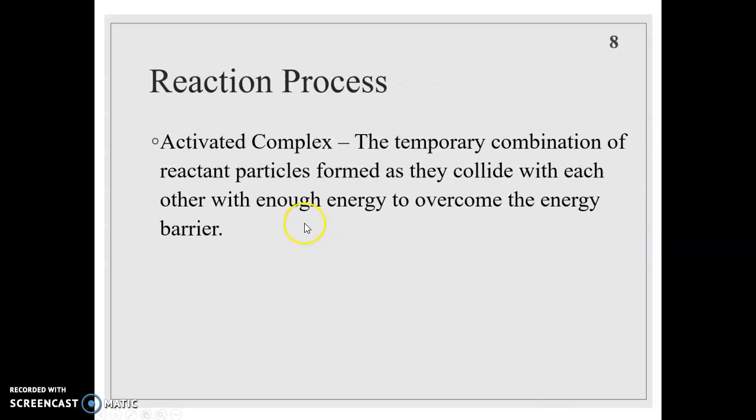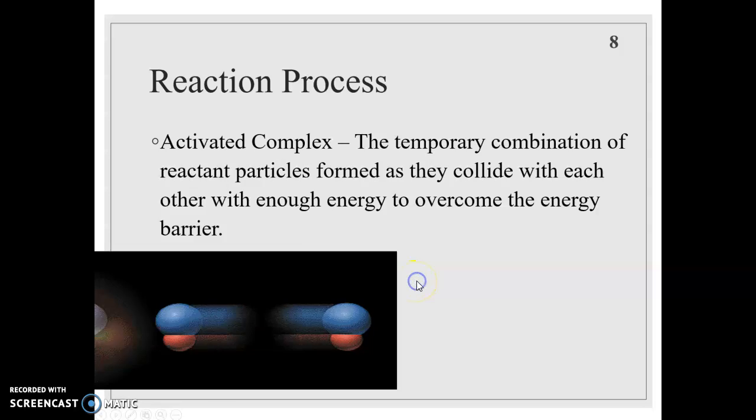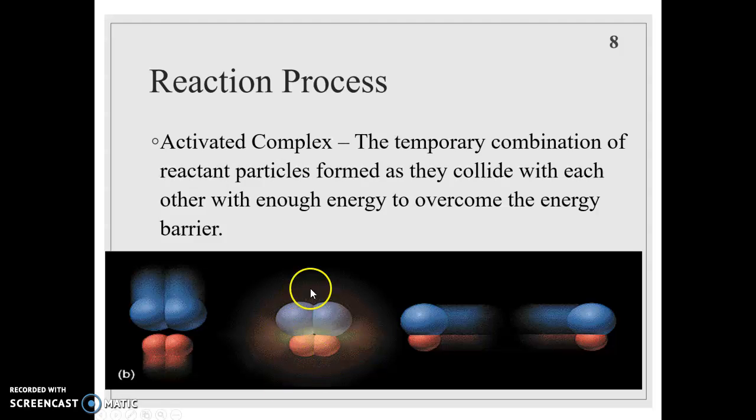Alright, so an activated complex is defined as being the temporary combination of reactant particles that have formed and they have enough energy to overcome the activation energy or the energy barrier. So the activated complex would be shown as this combination of molecules here.